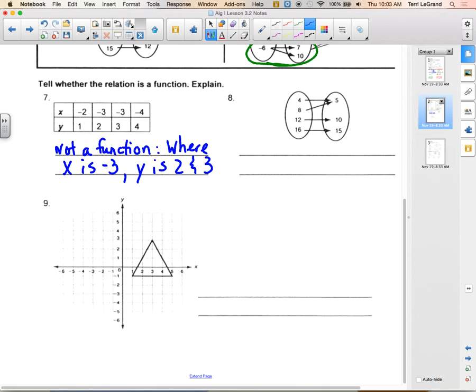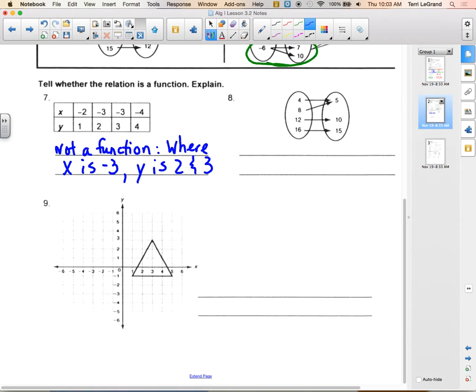And the rest of you are just going to let us figure it out for you. So, give me when x is equal to 4, what's its y value? 5. Does it have any other y values? Okay. When x is equal to 8, what's its y value? 5. Does it have any other y values? No. When x is equal to 12, what's its y value? 10. Does it have any other y values? No. When x is equal to 16, what's y? 15.